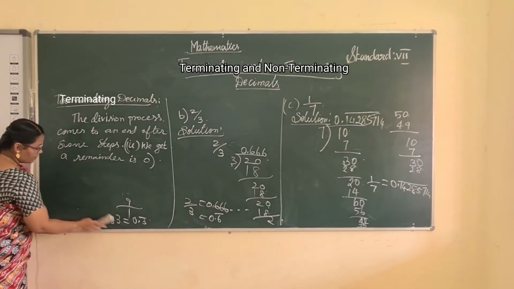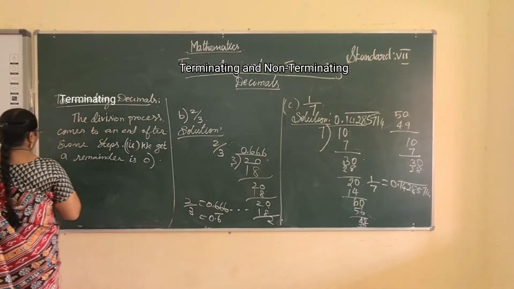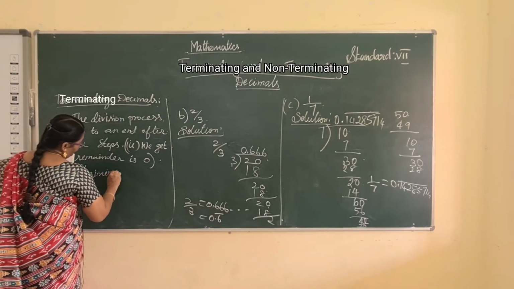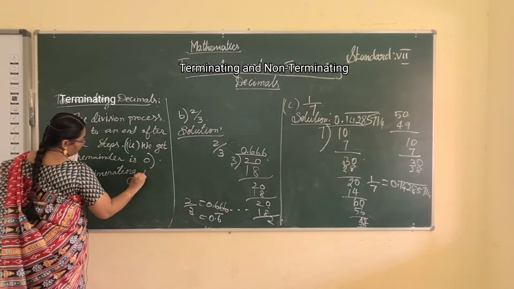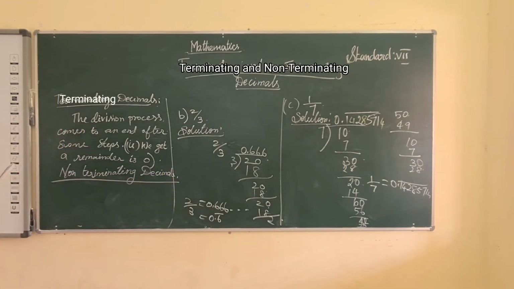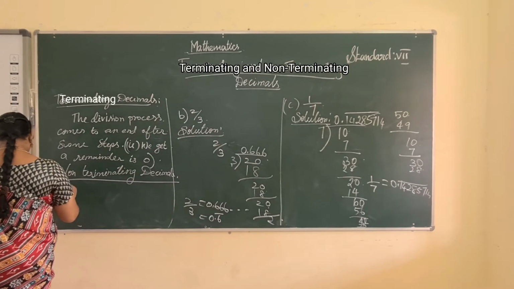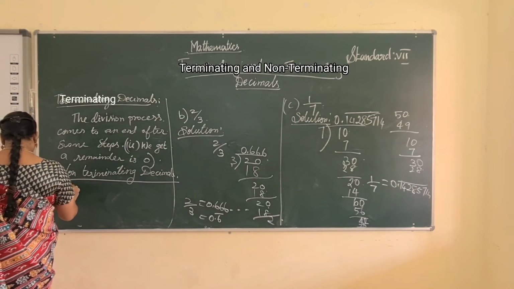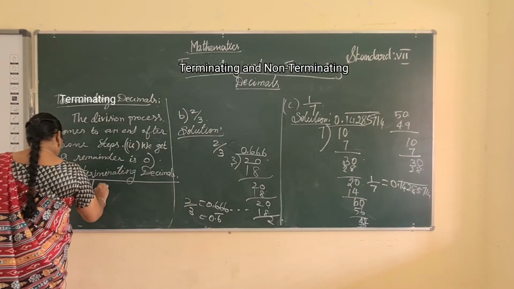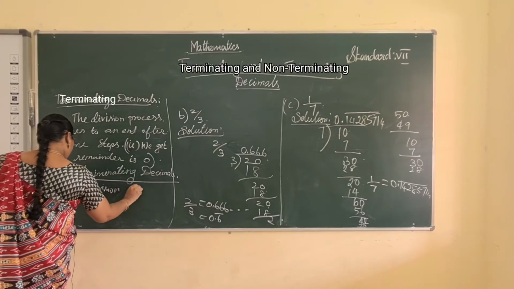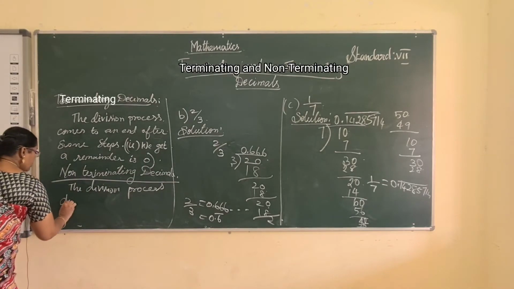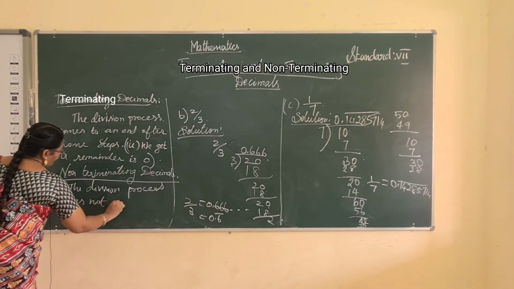So non-terminating decimals means the division process does not come to an end.